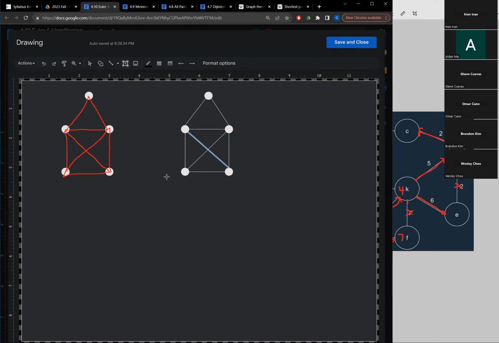And the reason, try that again. We need to start at those two vertices because of the connectivity of those vertices. All right, so if we look at the degrees of the vertices in our graph, that is this house, we'll see that two of them have an odd degree and the other three have an even degree.